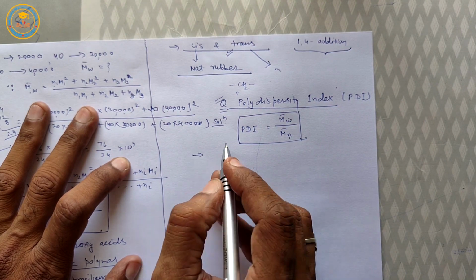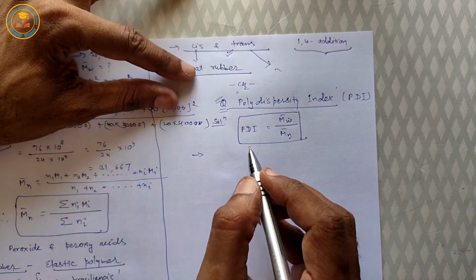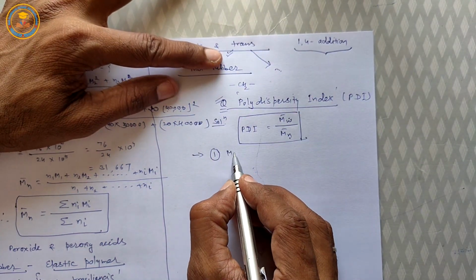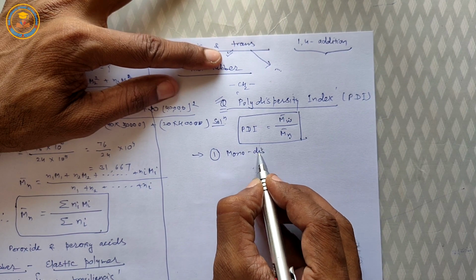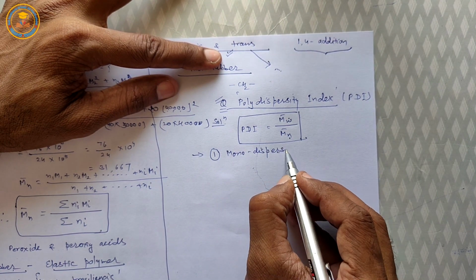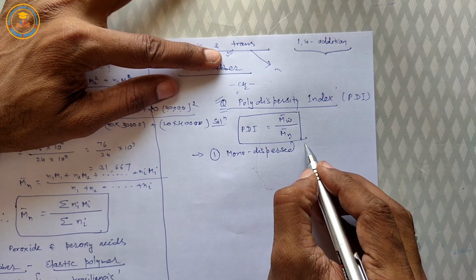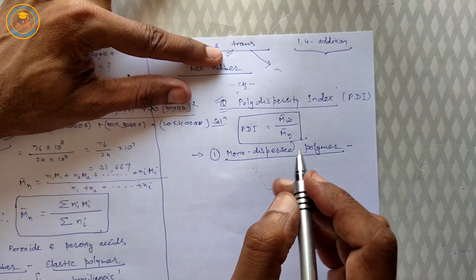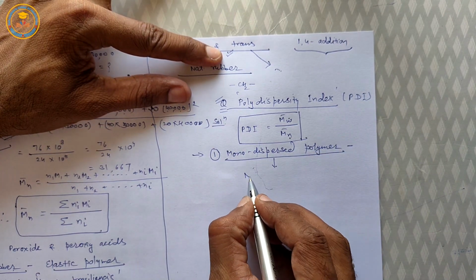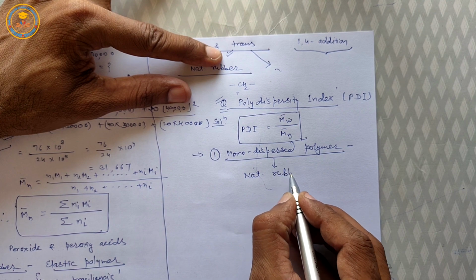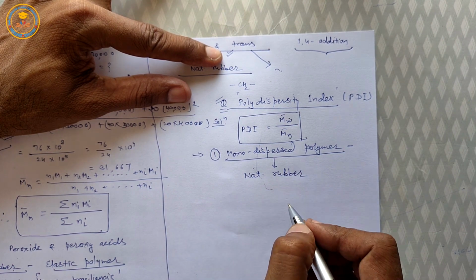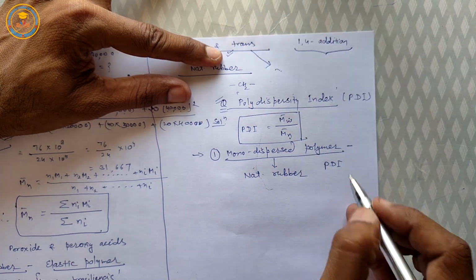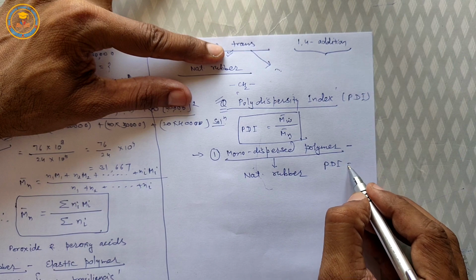On the basis of PDI, polymers are of two types, very important. First is monodispersed polymer. These are natural rubber and their PDI value is unity. Very important.